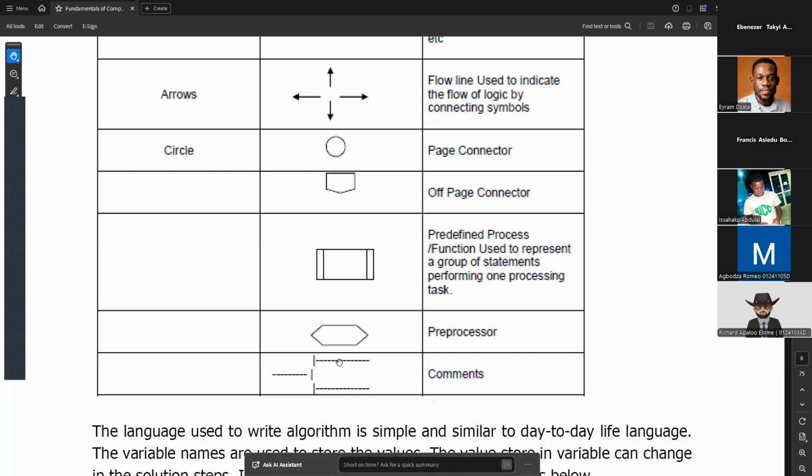Then we have the last one here, known as annotations or comments. The annotations or comments just explain what is happening at a particular step of your flowchart. If you are performing input, what are you taking as input?